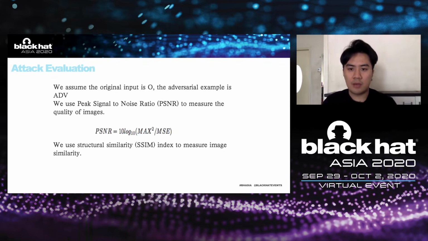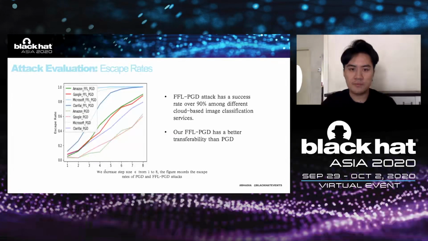If the images are quite different from the original one, it will lose the meaning of the attack. So we use the peak signal to noise ratio, PSNR, to measure the quality of the image, and SSIM to measure the similarity between the original image and the adversarial examples.